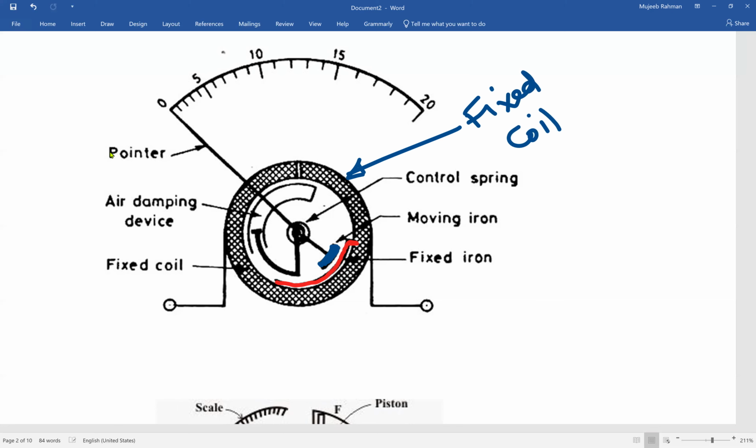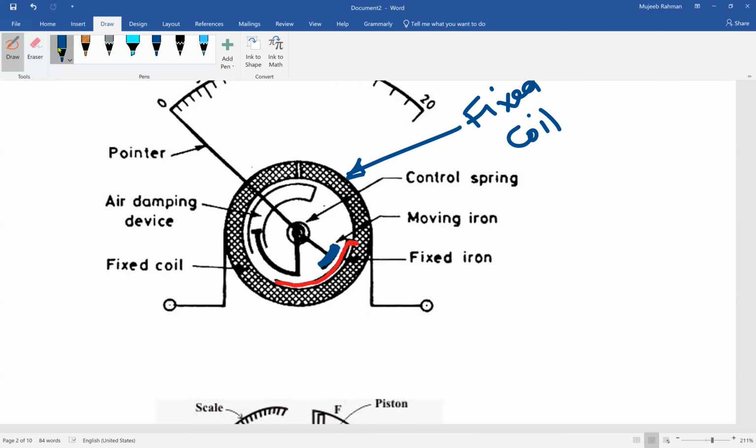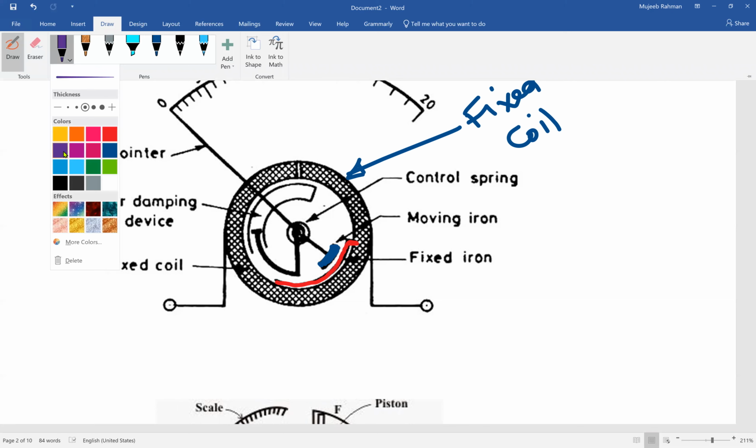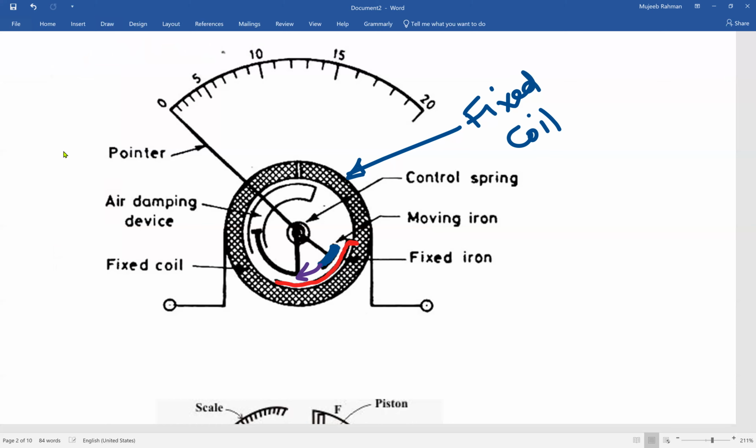So when two soft magnetic pieces are magnetized by the same magnetic field, naturally there must be an interaction between them, because both have similar polarity. As a result, a repulsive force is experienced. Because of the repulsive force, this moving piece tries to move.